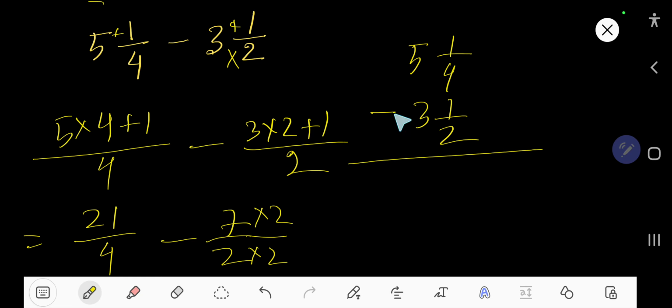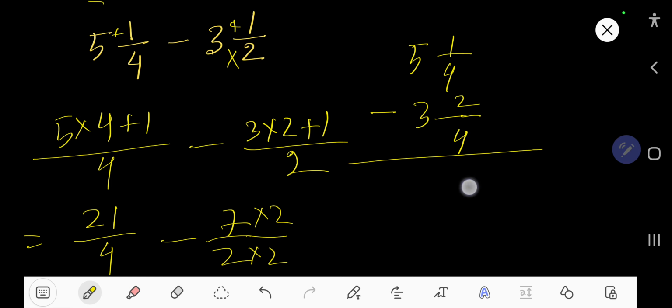Now you need to subtract whole number from whole number and fractional part from fractional part. But in case of fractional part, you need to consider the same denominator. Here 4, here 2. So make it 4. So look, here we are getting 4 and here we are getting 2. Now subtract.